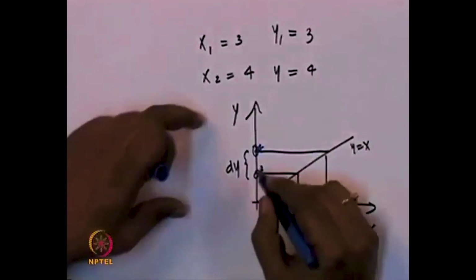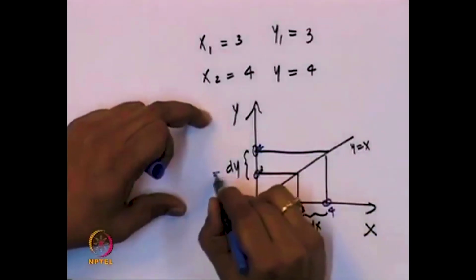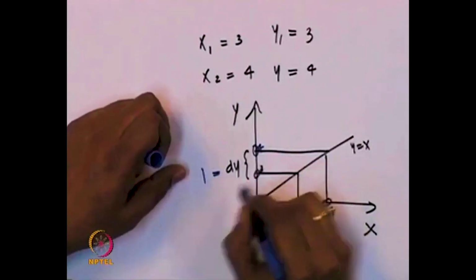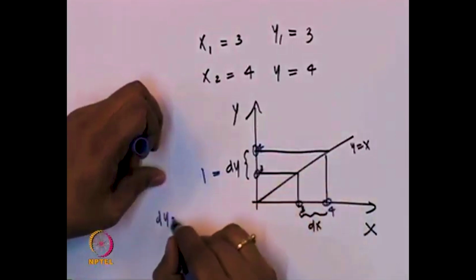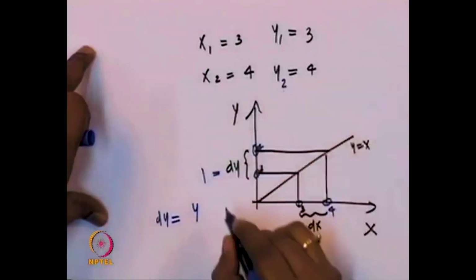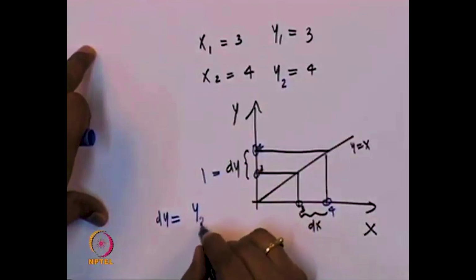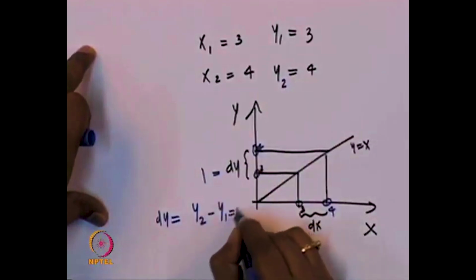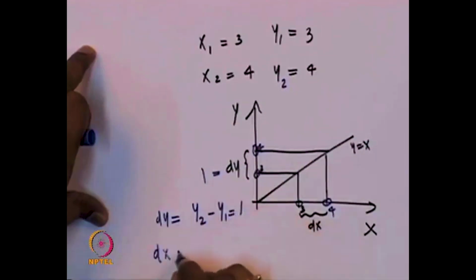So, the dy here is 4 minus 3, which is 1. So dy is y 2 minus y 1, which is 1, and dx is x 2 minus x 1, which is 1.